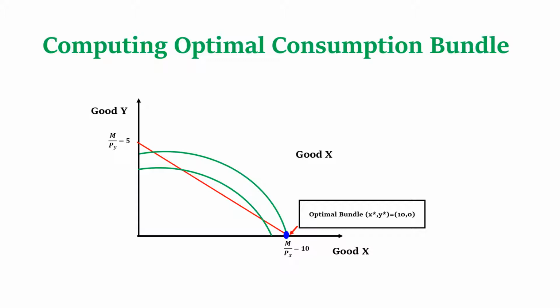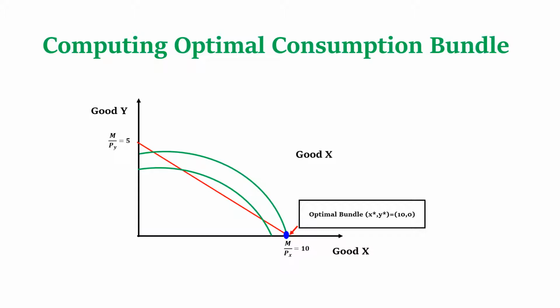Now, because the price of good X is less than the price of good Y, the consumer is going to spend all his $10 on good X. So the optimal bundle here will be what? 10 units of X and 0 of Y. That is none of Y and then 10 of X. So he spent all his income on good X and none on good Y. So the optimal bundle is just (10, 0).